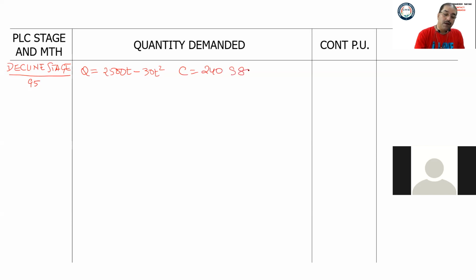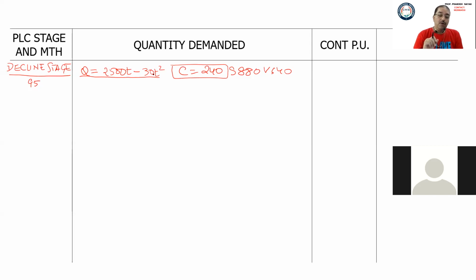Selling price is 880. Variable cost is 640, variable cost is not changing. So contribution is 240. Now this 95, I will substitute in my competitor's equation. Month number 95.